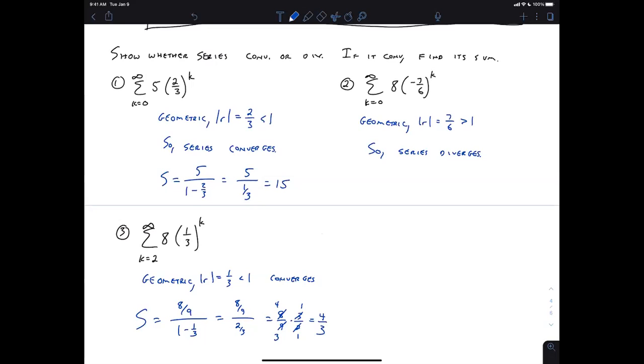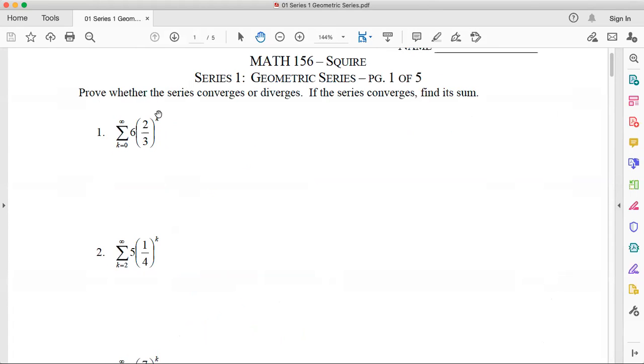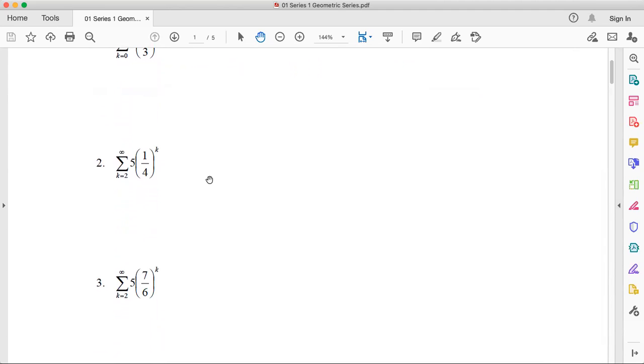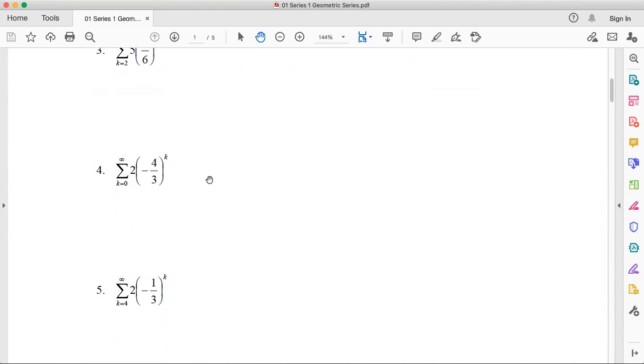On this Series 1 worksheet tonight, it's just these: prove or show whether the series converges or diverges. If the series converges, find its sum. This is in Unit 3, Folder 2, which was posted probably an hour ago. It's a 5-page packet, and you also have solutions. I need you to do the first 5 problems before tomorrow.